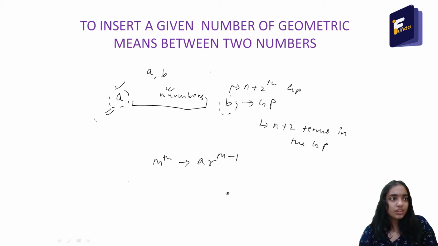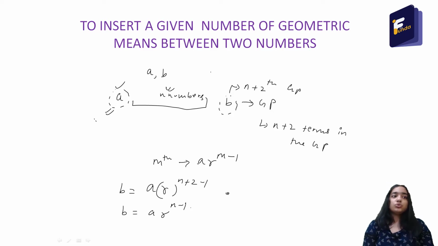So B equals first term A into r to the power n plus 2 minus 1, as you know the mth term of a GP is this. So B equals A r to the power n plus 1.